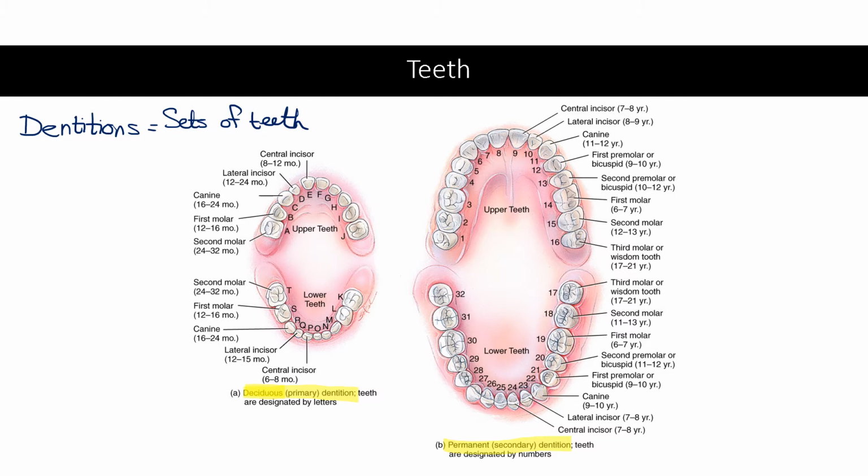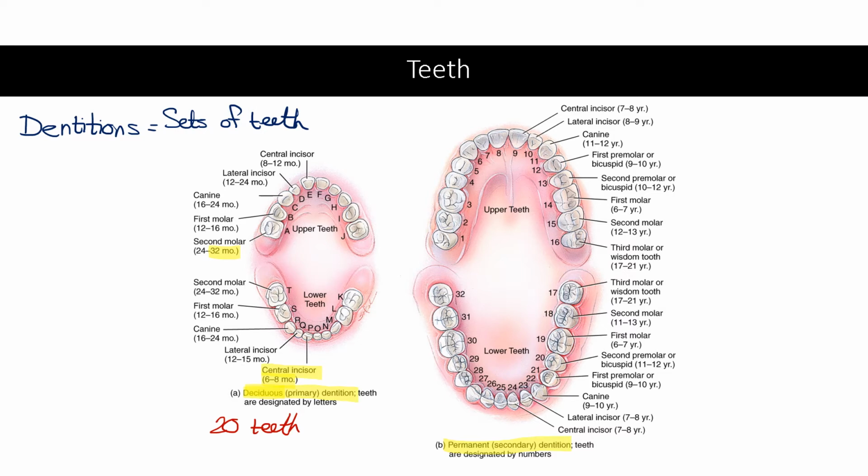So here we can see our central incisor usually comes out about 6 to 8 months. And approximately 2 teeth appear for every month after, until 20 teeth are all present. So we have 20 deciduous teeth, erupting all the way up to 32 months for our second molars there.